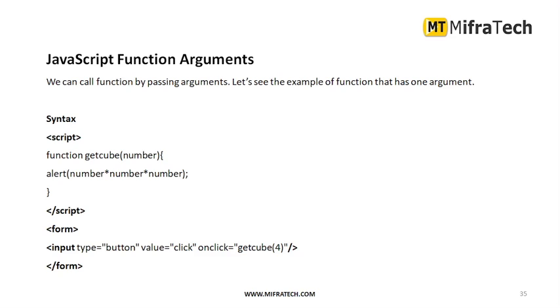For example, function getcube(number) { alert(number*number*number) }, then the script is closed. Then we create a form with input type equals button, value click on get cube 4. When we click on the button, it calls the function.